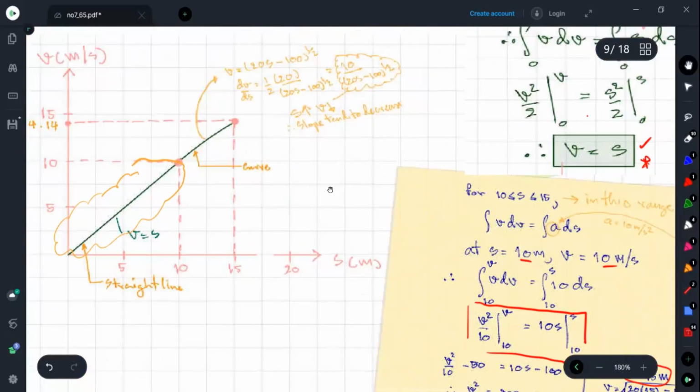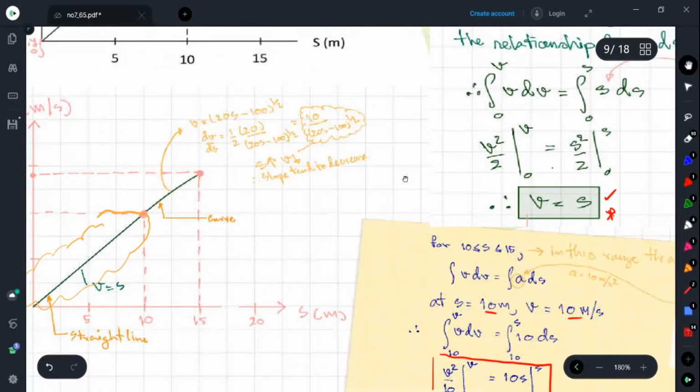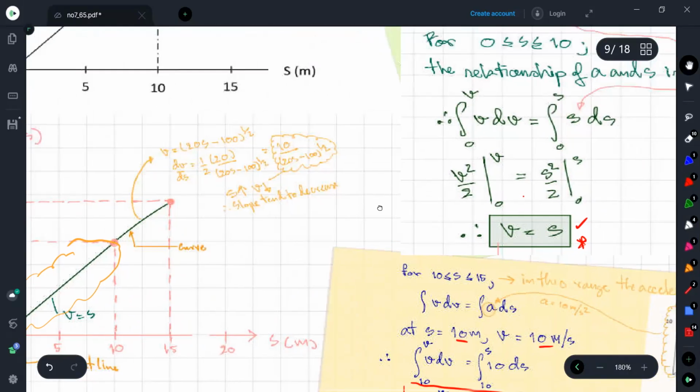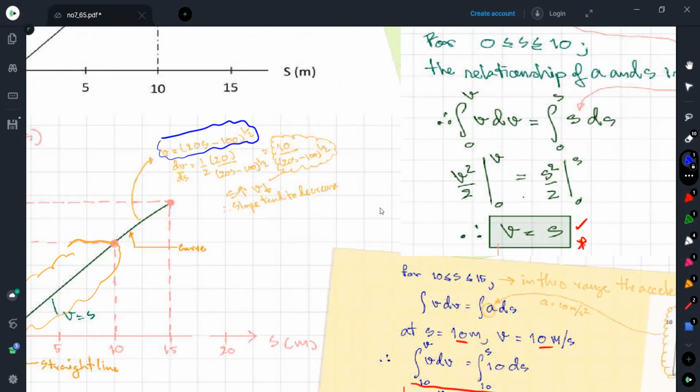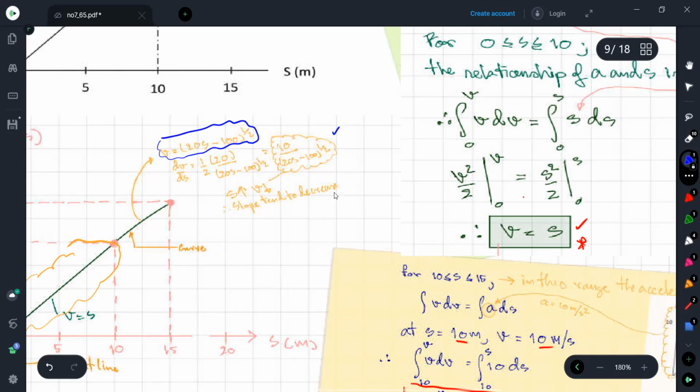So we may plot the graph. For the second period, the velocity function is here. When we take the first derivative of this term, we got this term. We take the first derivative of this equation because we would like to know the slope.